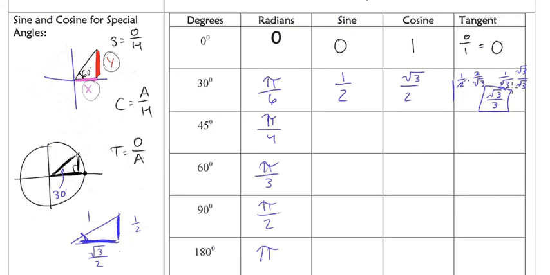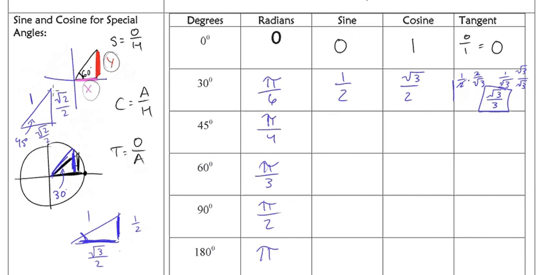All right, 45 degrees. So this is going to be a 45, 45, 90 right triangle. So our reference angle is now up to 45 degrees. And for our special right triangles, if our radius is 1, this is going to be square root of 2 over 2 and square root of 2 over 2. They're equal.